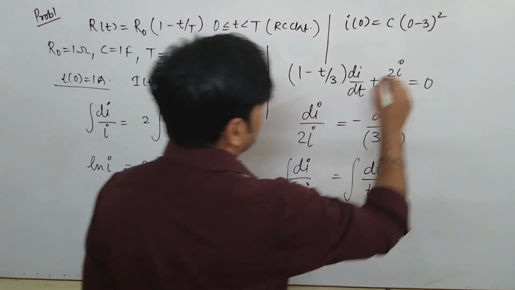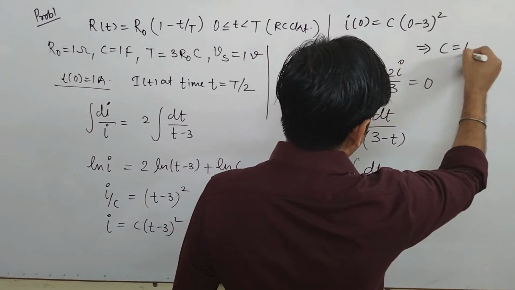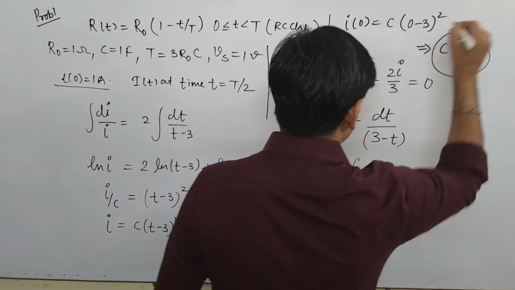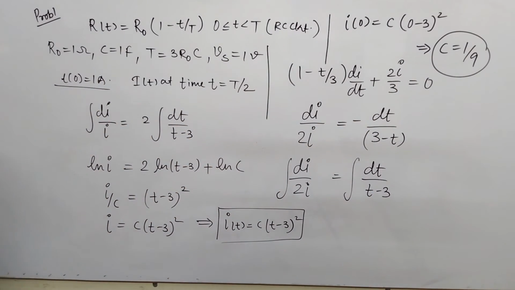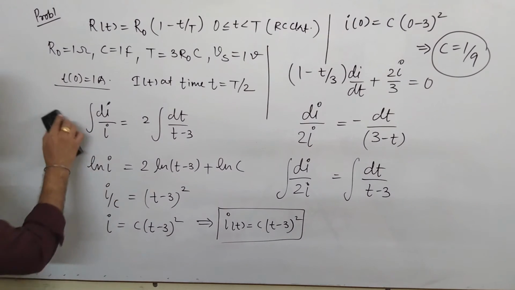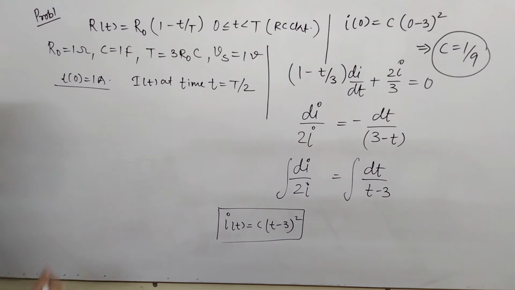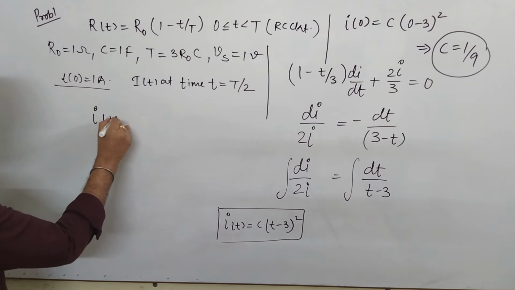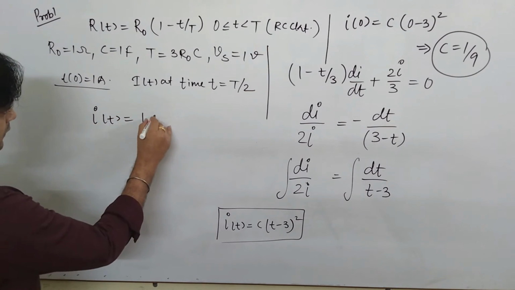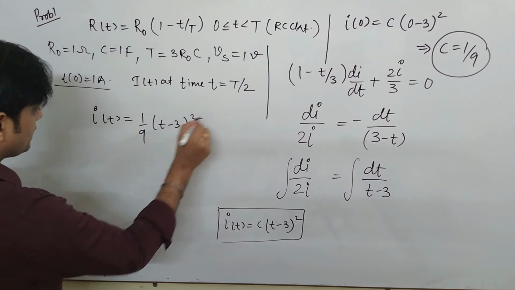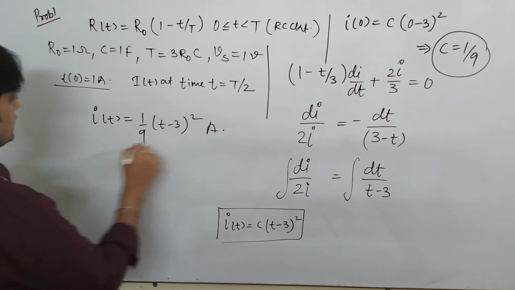I0 is 1, so the value of c comes to be 1 by 9. Once you know the value of c, finally the solution comes to be I equals 1 by 9 into t minus 3 whole square. This is your solution for it.